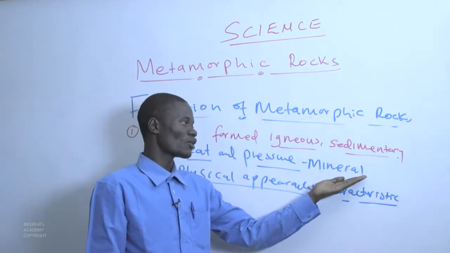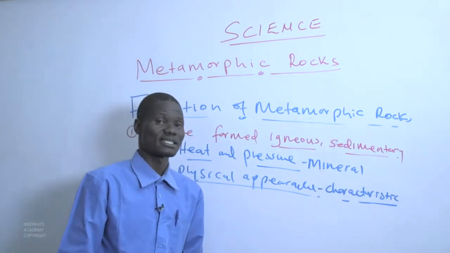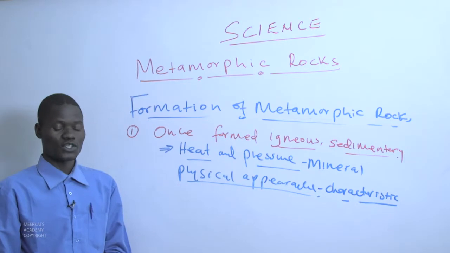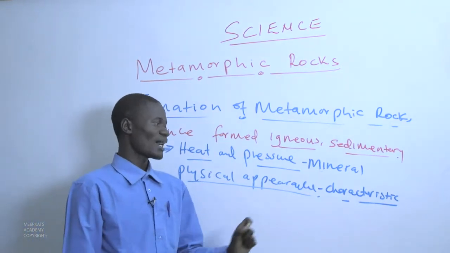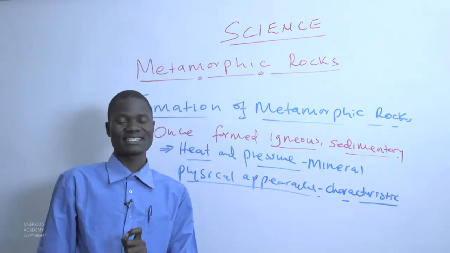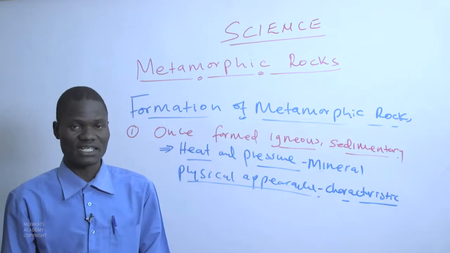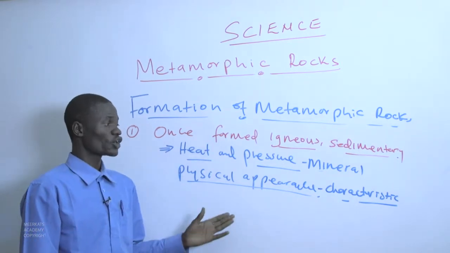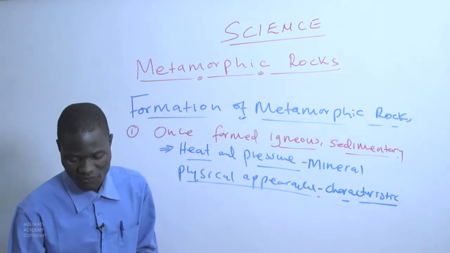The chemical composition of the mineral shall change. Thereafter, the characteristic of the rock will also change. When the mineral composition and the physical appearance change, we are going to get a different rock structure. This rock we are talking about is simply metamorphic rock.